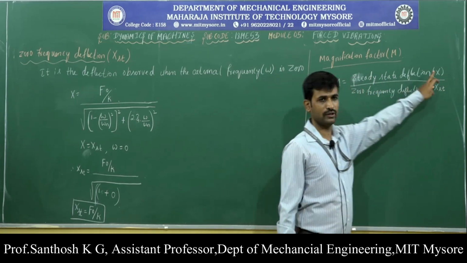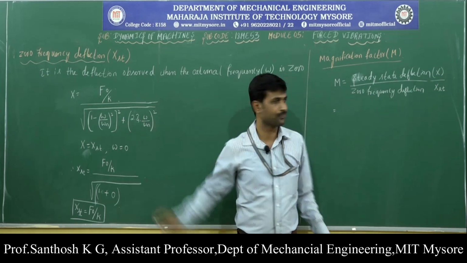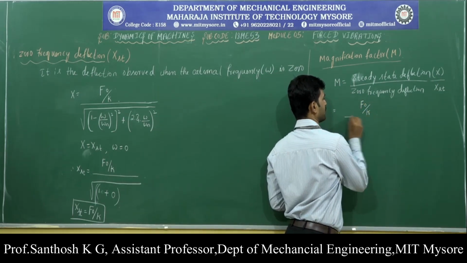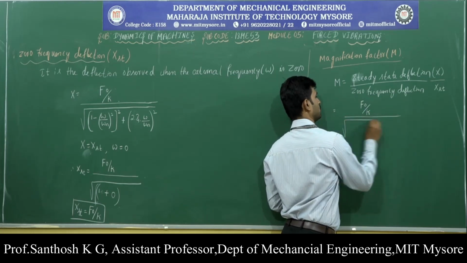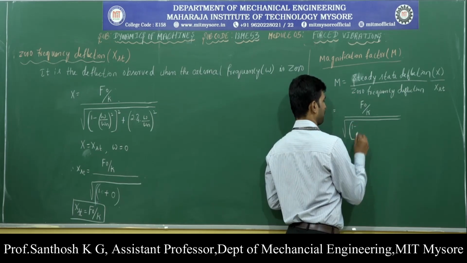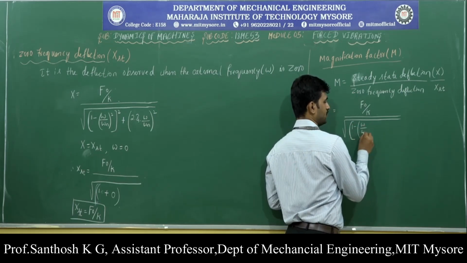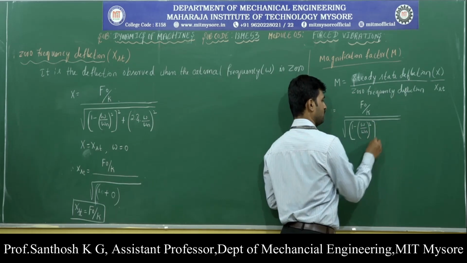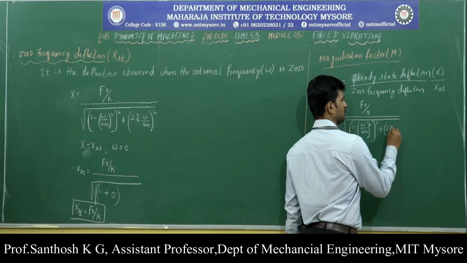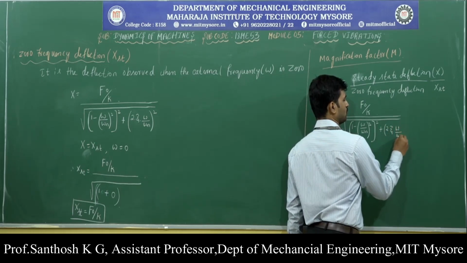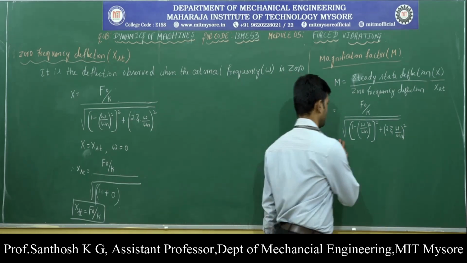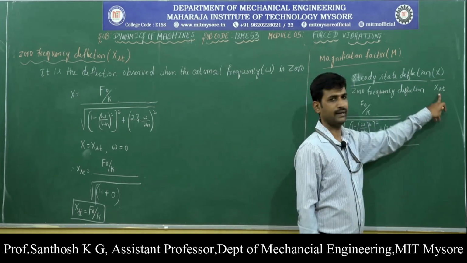The expression for x is F naught divided by K, divided by square root of 1 minus omega divided by omega n whole square, plus 2 zeta omega divided by omega n whole square, the whole thing divided by XST.